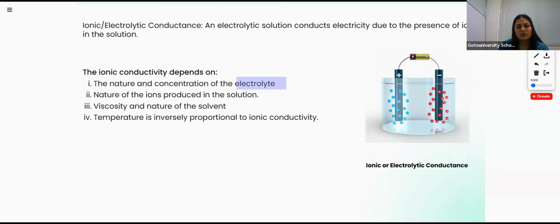Is it weak or strong? For weak, conductivity will be less. For strong electrolytes, conductivity will be high. Then the nature of ions produced in the solution, where we will discuss the solvation of ions. What is the solvation of ions? It is the solute particles combining with solvent molecules.